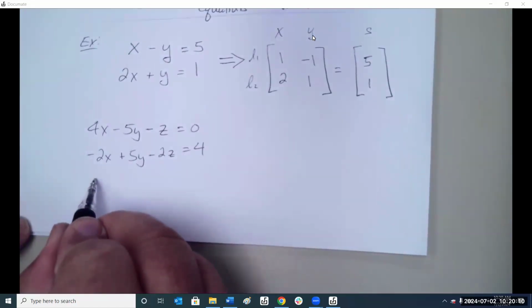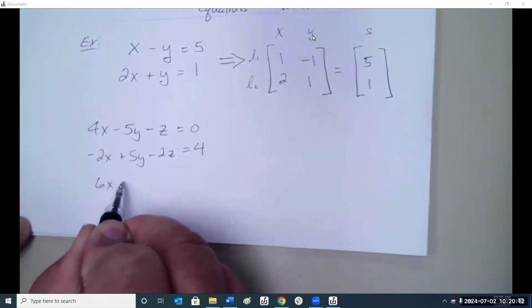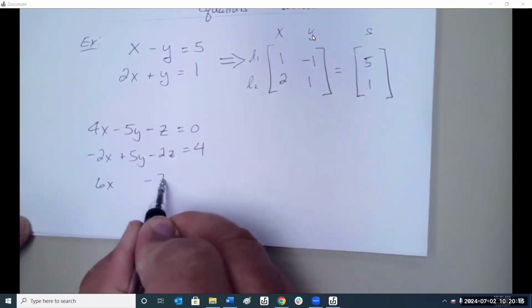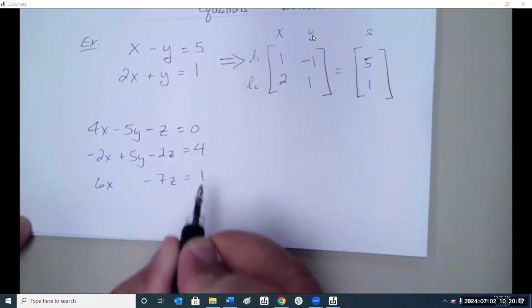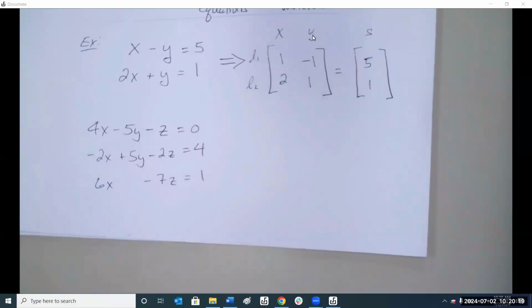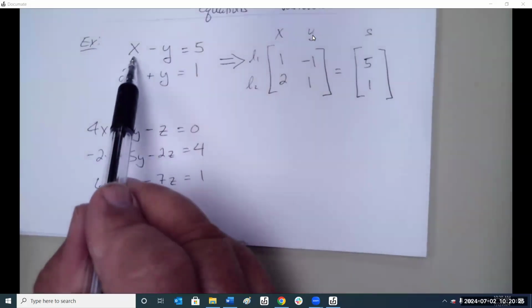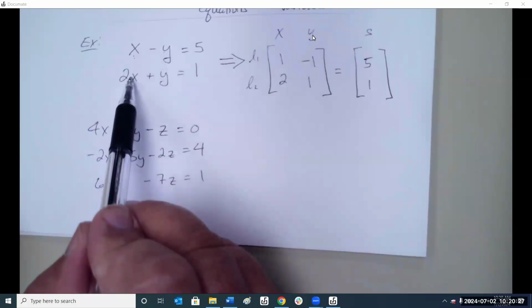How about this one? And you're not limited by size. This is a 2 by 2 matrix because it has 2 variables, 2 equations.